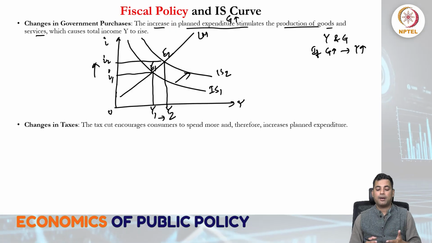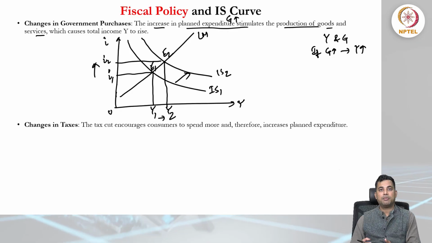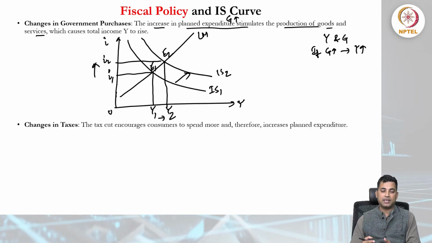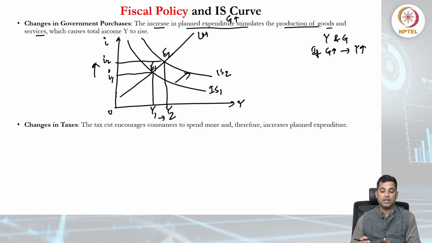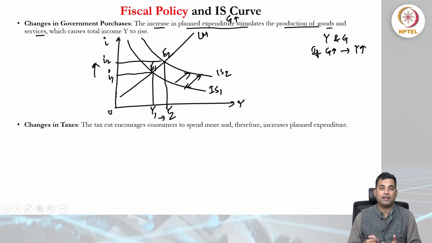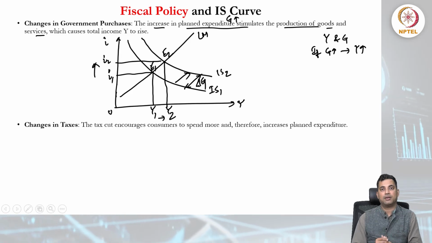This is the situation of simultaneous equilibrium considering fiscal and monetary policy. In this case, the change between IS1 and IS2 is due to the change in government expenditure.